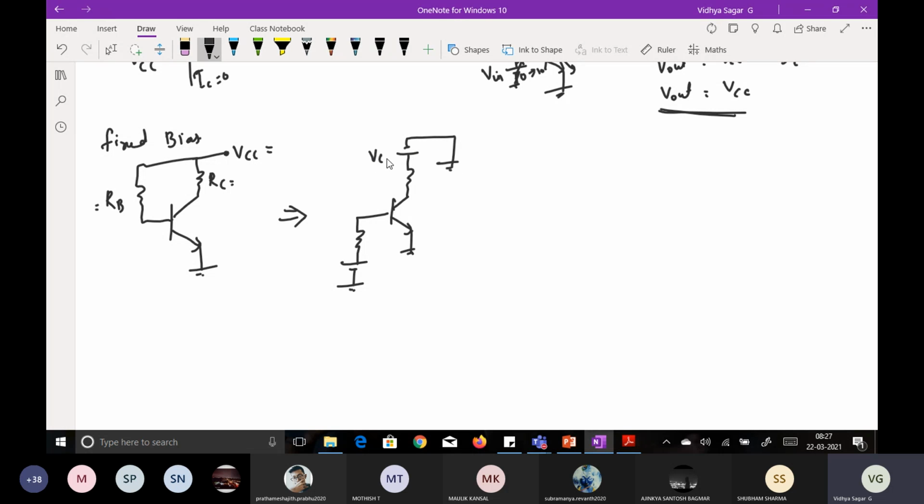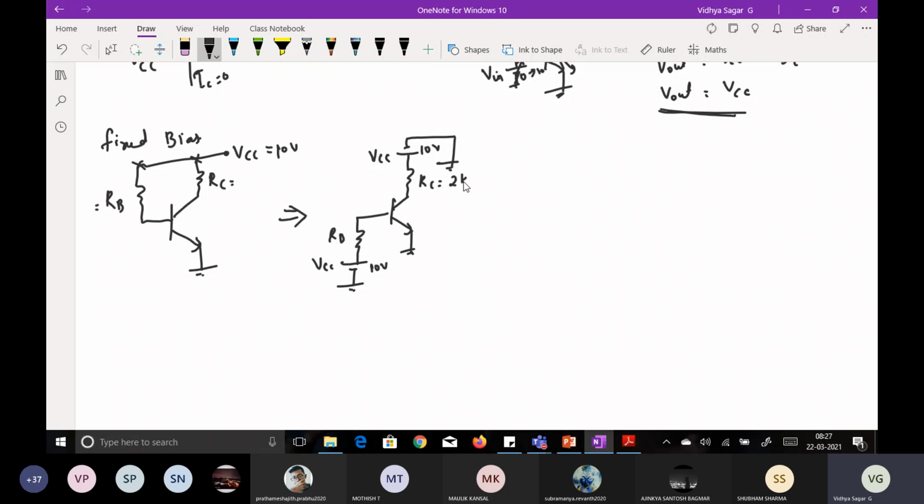So this is VCC, this is also VCC. Why? Because this node is also VCC. If I'm applying 10 volts across VCC, it means that this also possesses 10 volts, and this is also 10 volts. So this is RB and this is RC.